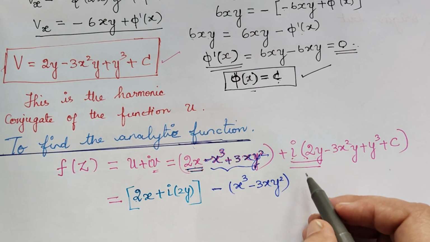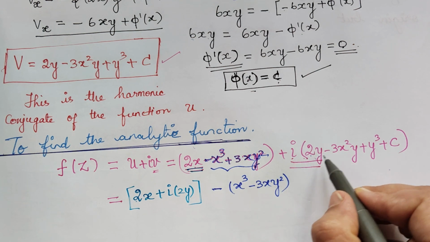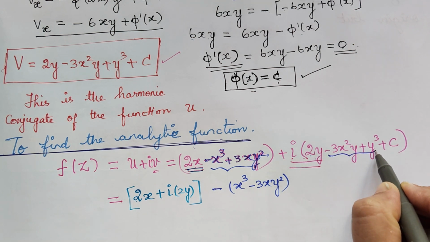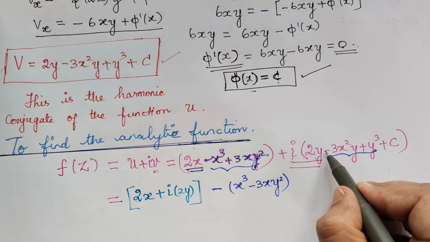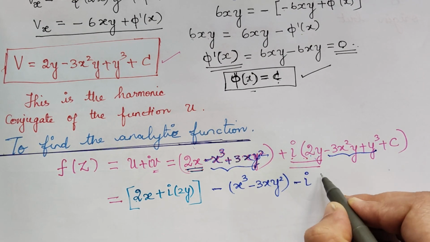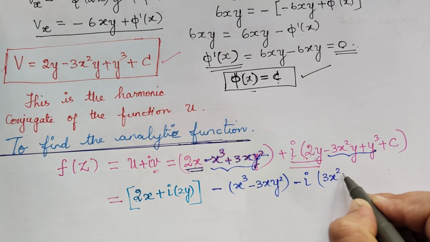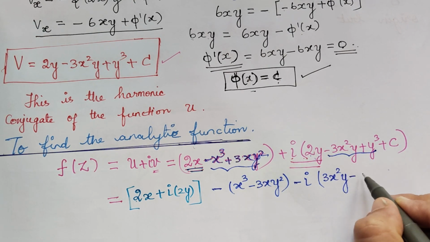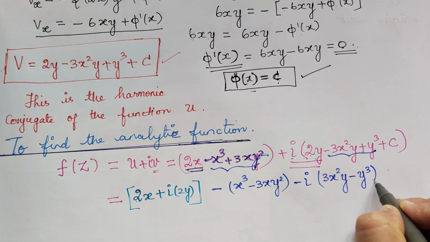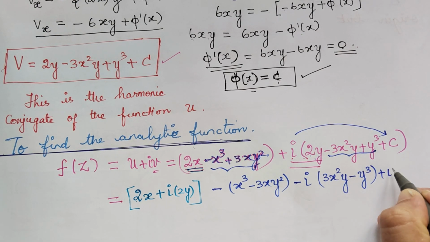Then we have already taken this 2y out, so don't worry about it. Now these are the remaining terms. Now I am going to take the minus out from this term, so it will be minus i multiplied with 3x square y minus y cube, and we will multiply this i with c and write separately as ic.